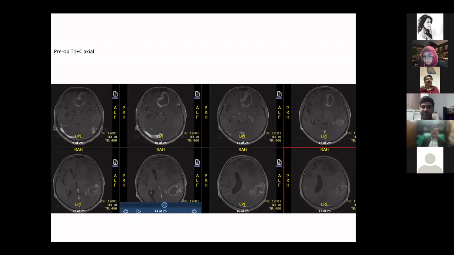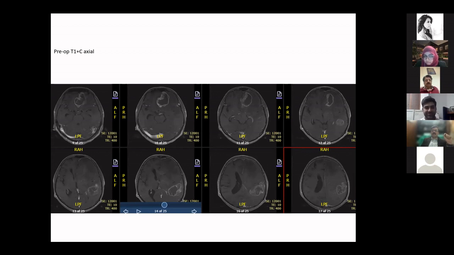But there are two possibilities. One is the deeper vessels when you are removing the tumor, and if the surgeon is the type who enjoys removing the tumor, he never thinks about the vessels. So the vessels should be kept in mind. Second, opening of the frontal horn of the ventricle is again a problem.